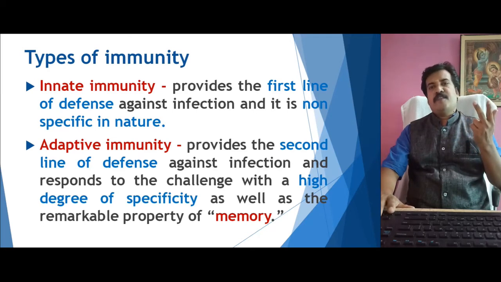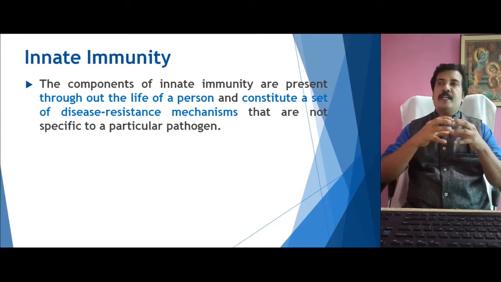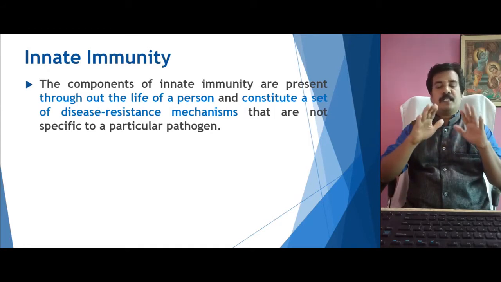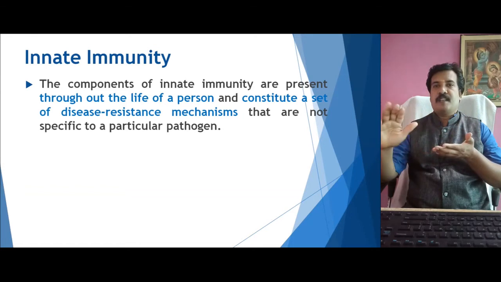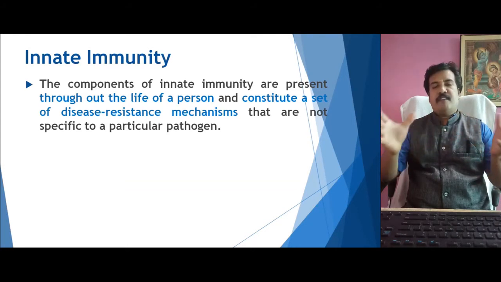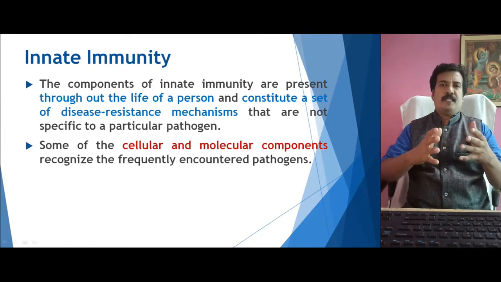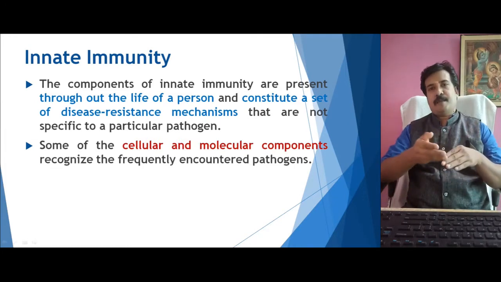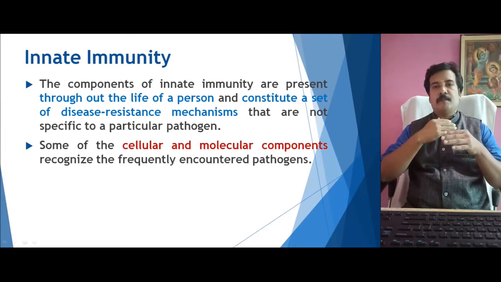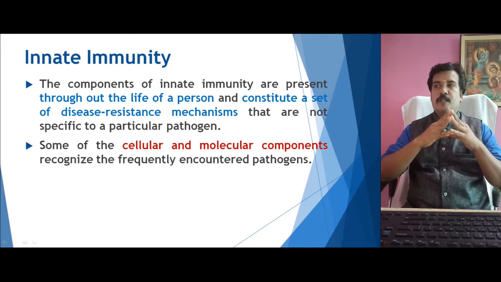So the innate immunity is generally composed of components which are present throughout the life of a person, and these components provide a disease resistance mechanism against different varieties of foreign substances. Some of the components work as a barrier, for example the skin or the mucosal membrane, which are anatomical or physiological barriers, whereas some are cellular or molecular components.